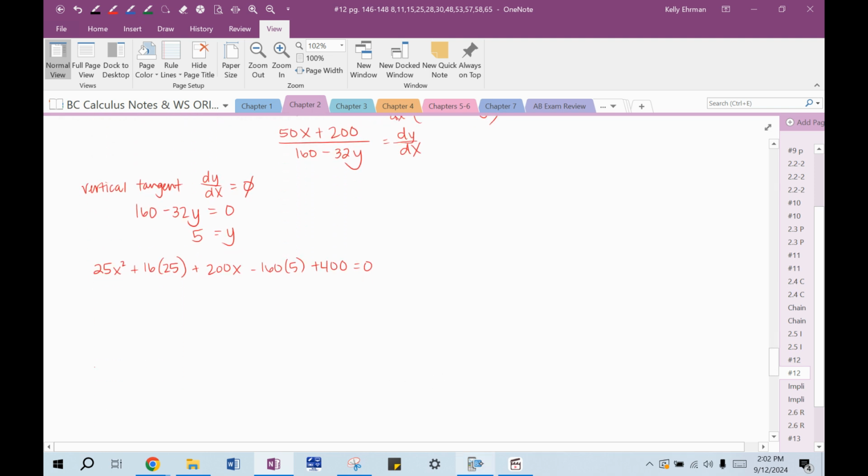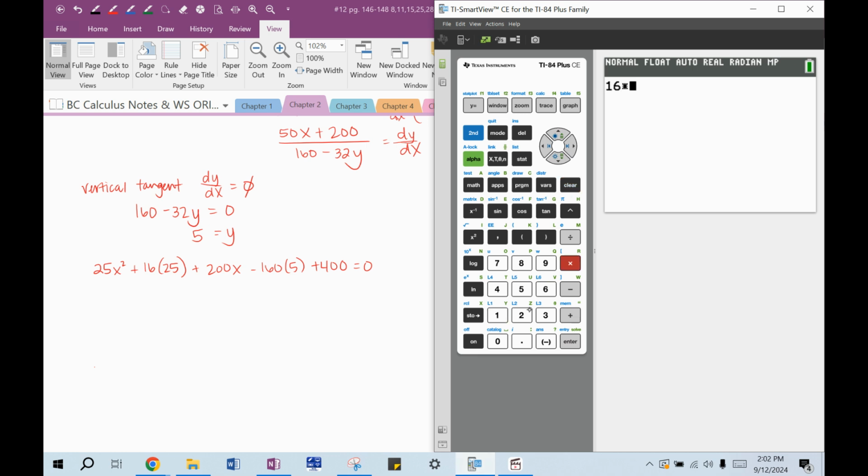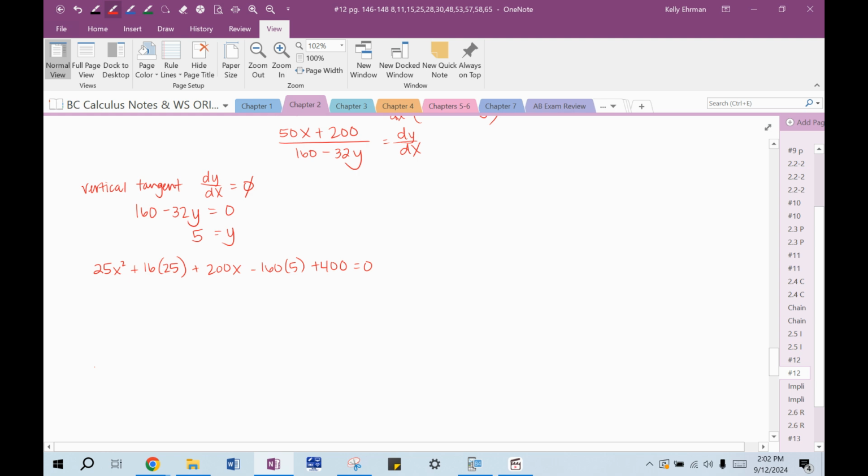All right, so let's do the math on this. 16 times 25 minus 160 times 5 plus 400. So I'm just doing the math on all of the non-variable terms, and it adds up to 0. Okay, so really all we're going to have left is 25x squared plus 200x, and all the numerical terms went away, equal to 0. We can factor this.